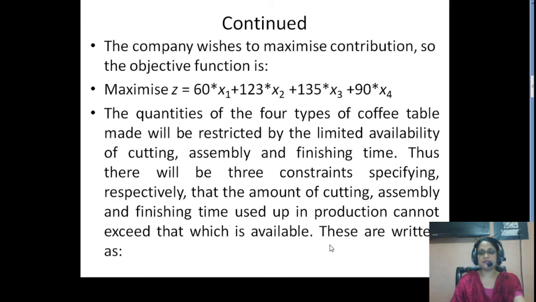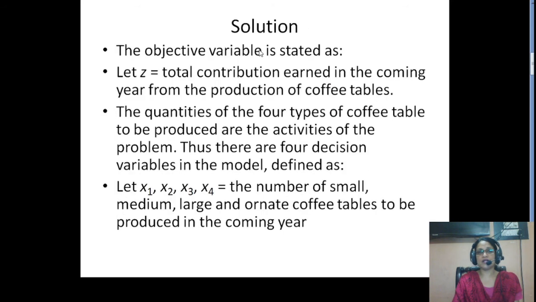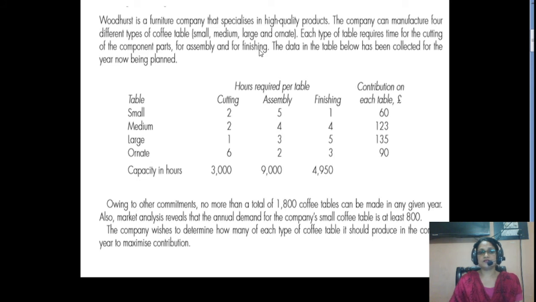These are written as, now I think students by this time you are familiar, you are comfortable in creating these inequalities or equations. So we have 3000 cutting hours. This is given here. So these are your three constraints, right? This is your limited availability.